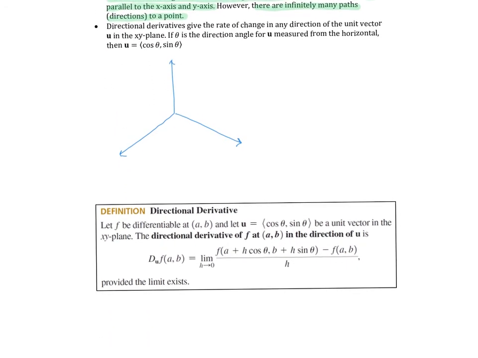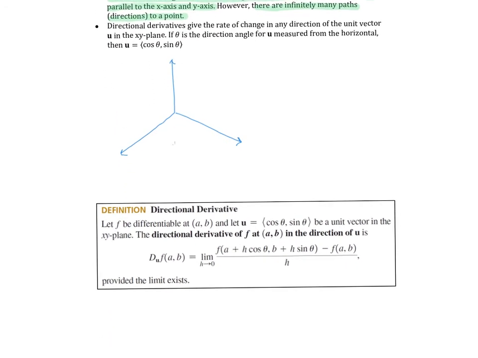Let's just say that we have some point (a, b). So this would correspond to some b value on the y-axis, some a value on the x-axis. And let's just say that this corresponds to some surface z. So I'll just draw some generic surface.